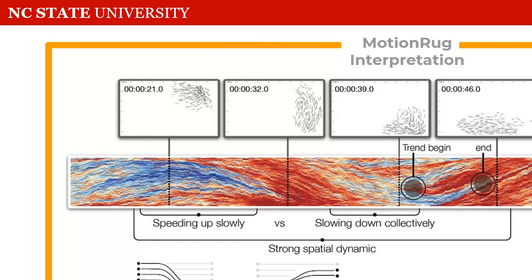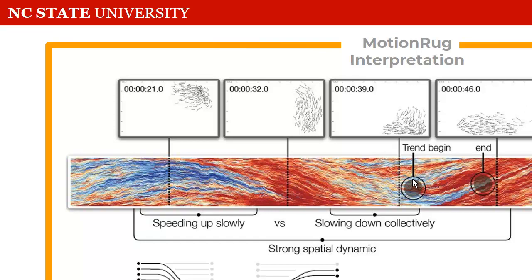The other one is a trend, which is started by a few number of movers, and then all the movers are joining in this trend. Or it can be the opposite way. A lot of the movers are having a movement, and then it's stopped until a few number of them have that movement.